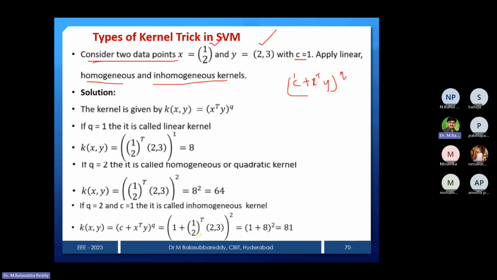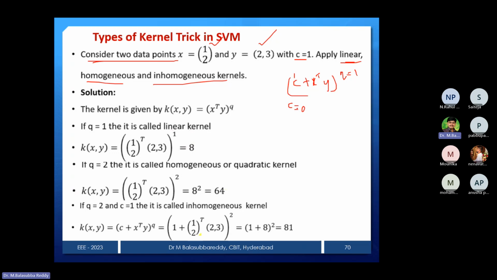So if C exists, then I call it inhomogeneous. What is linear homogeneous? Linear homogeneous means Q is equal to 1 and C is equal to 0.